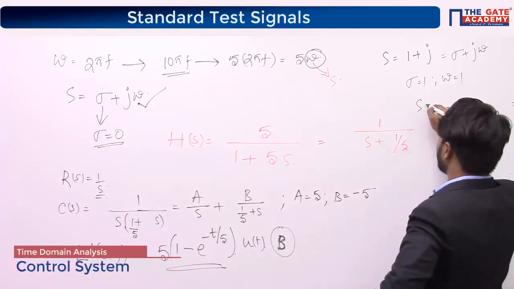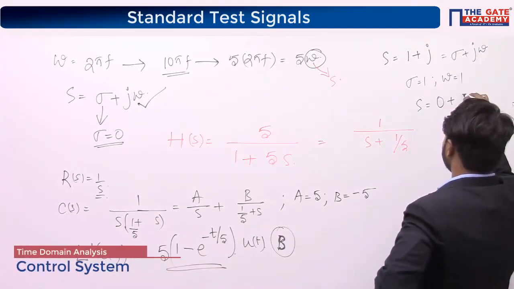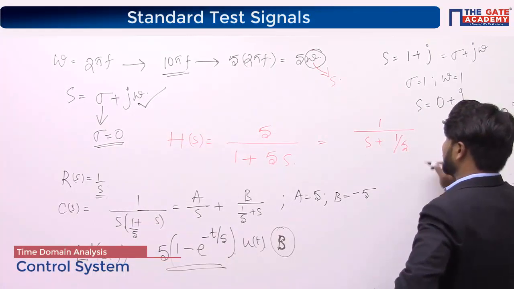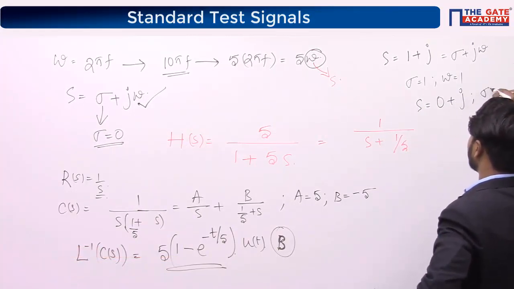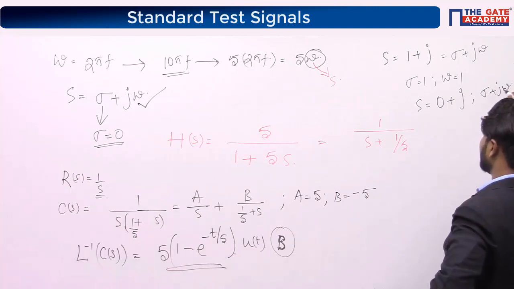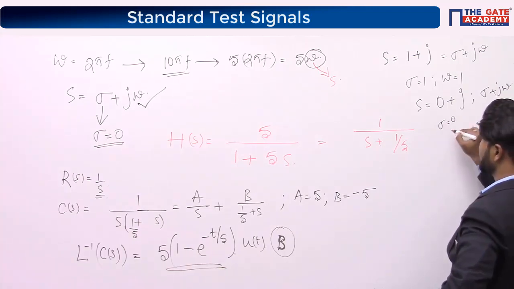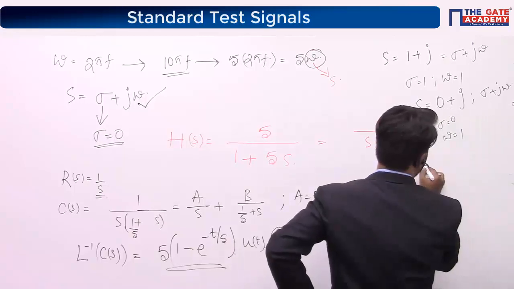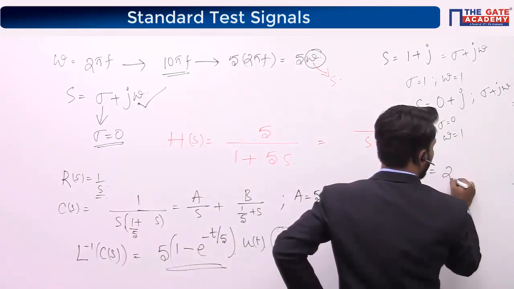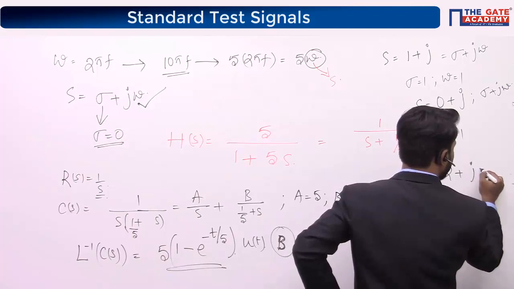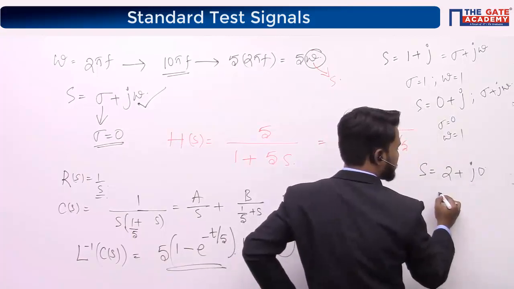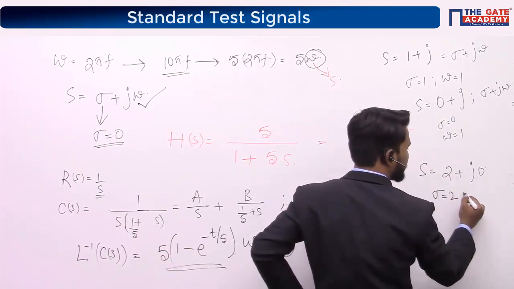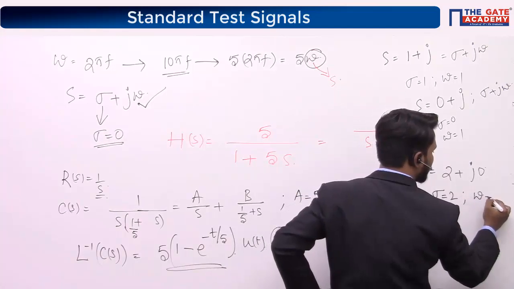If we have s is equal to 0 plus j, you will compare this with sigma plus j omega. You will say sigma is equal to 0, omega is equal to 1, right? Similarly, if you have s is equal to 2 plus j0, you will say sigma is equal to 2 and omega is equal to 0.